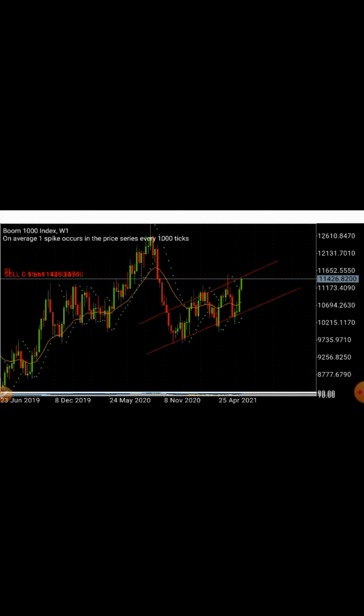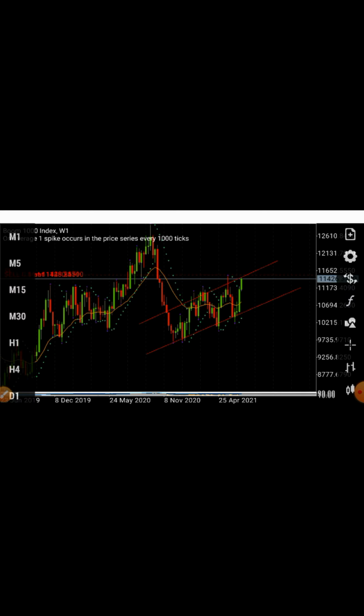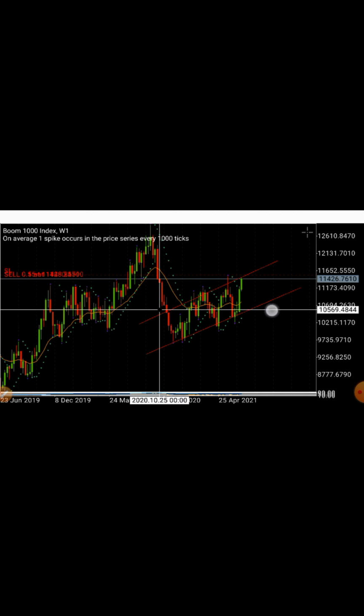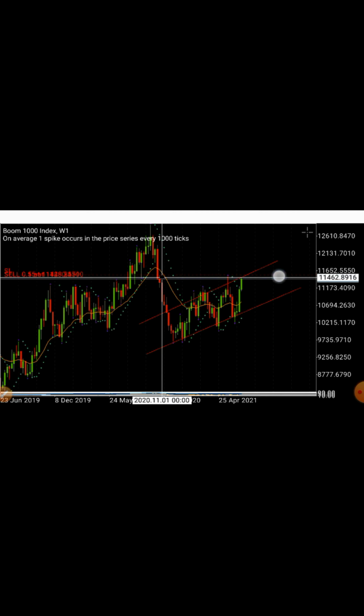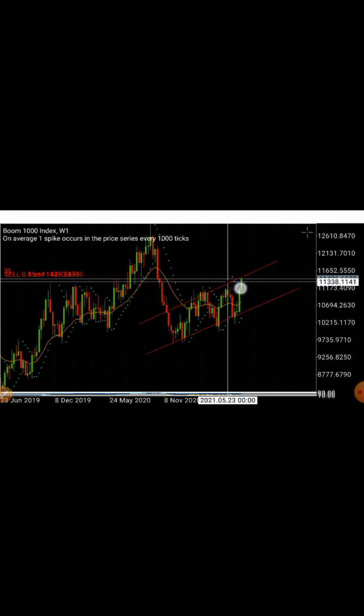Now let me quickly show you another thing. If you look very well, there's what we call a psychological level. This is actually a psychological level. This is the weekly time frame, and the market actually reached that height exactly on the 23rd of May 2021.